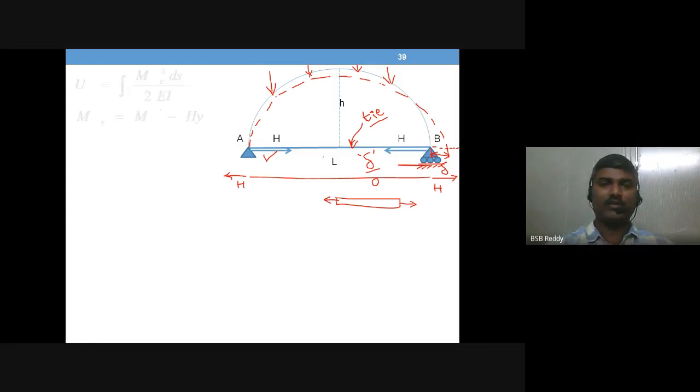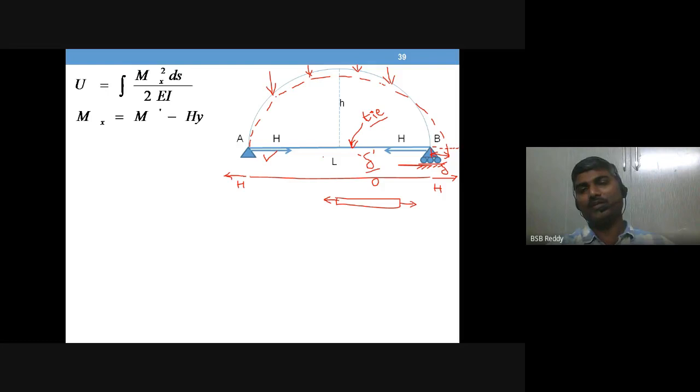Let us see what is the effect of the provision of a tie in the arch, and how it is different from the regular arch, and how the internal forces are changed. Okay, right.